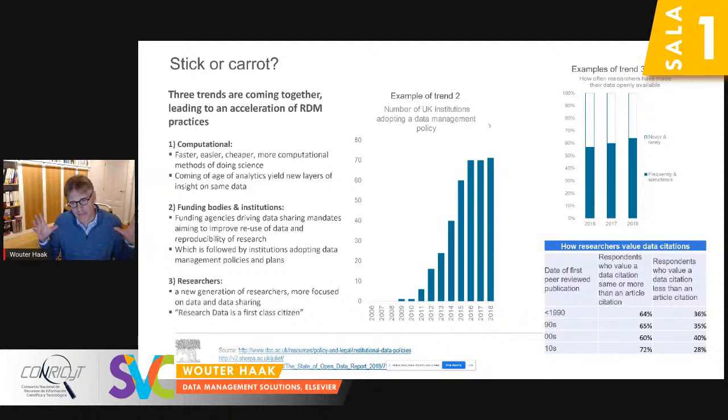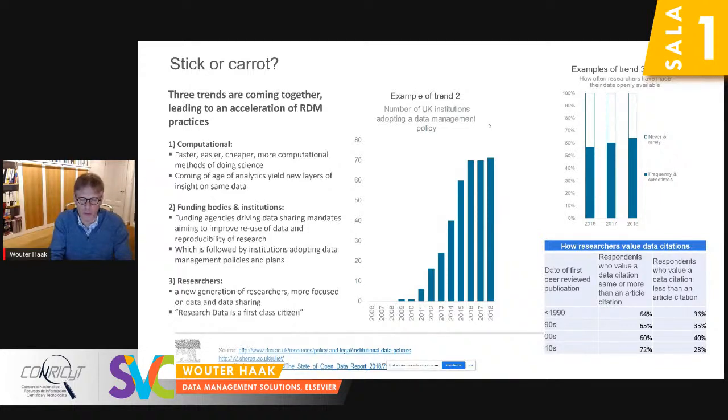But it's not only funder or institutional driven. When we ask researchers how they look at data, how often they share data, and how much they value an article or a data citation, you see a clear shift. More and more researchers themselves start to care about data.